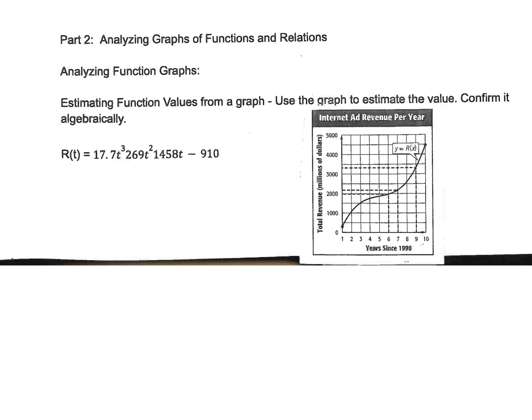If we have the function 17.7t cubed, minus 269t squared, plus 1,458t, minus 910, that is represented by this line right here.